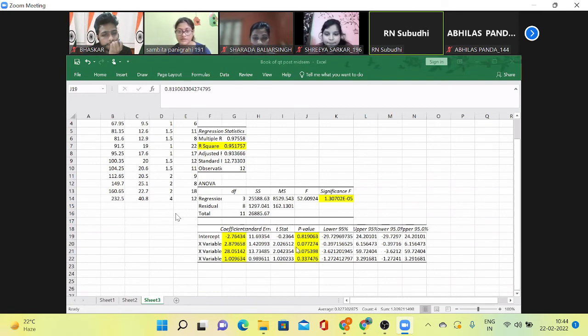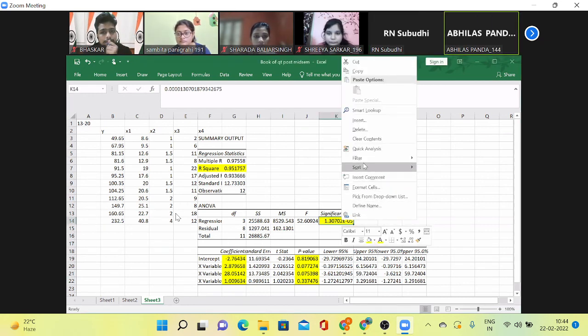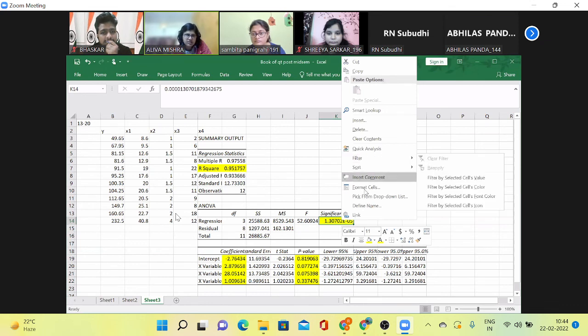I'm just advising all: if it comes in E form, like E minus 5, don't get scared and don't reject. It is significant. Right, Aliva? You have to write it. Any way to convert it, put it not in E form but in decimal form. Expand the cell. If we select that cell, we can see the value in the formula bar.